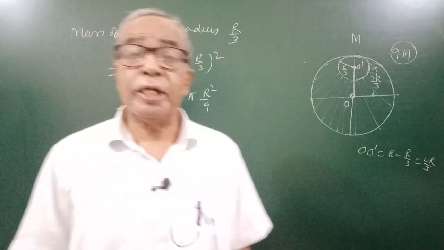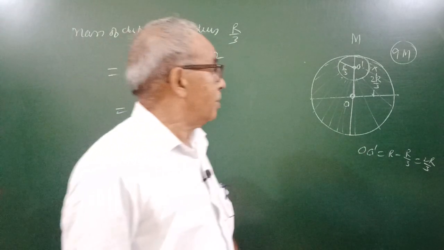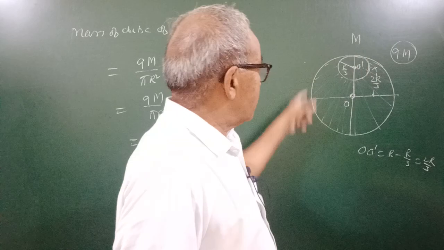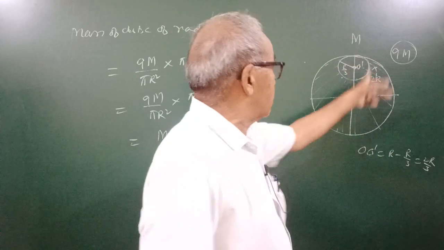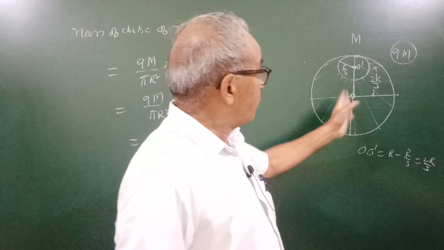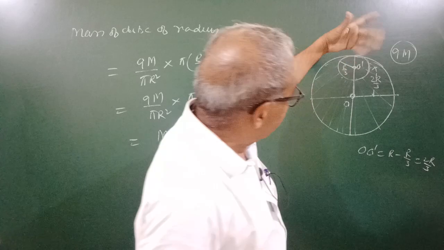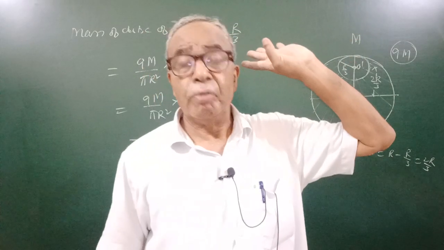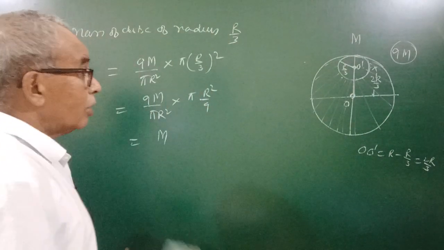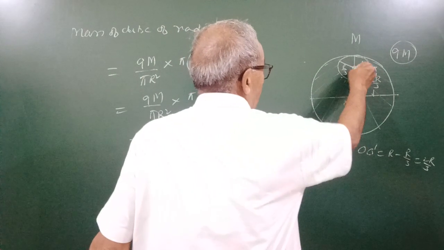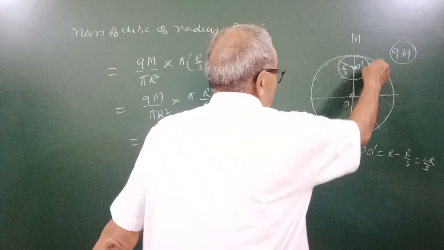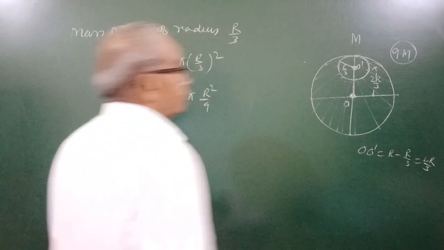Moment of inertia is a scalar quantity. So we take the moment of inertia of the whole disk and subtract the moment of inertia of the disk which has been taken off from it. But how do we find the moment of inertia of the cut disk about this axis?